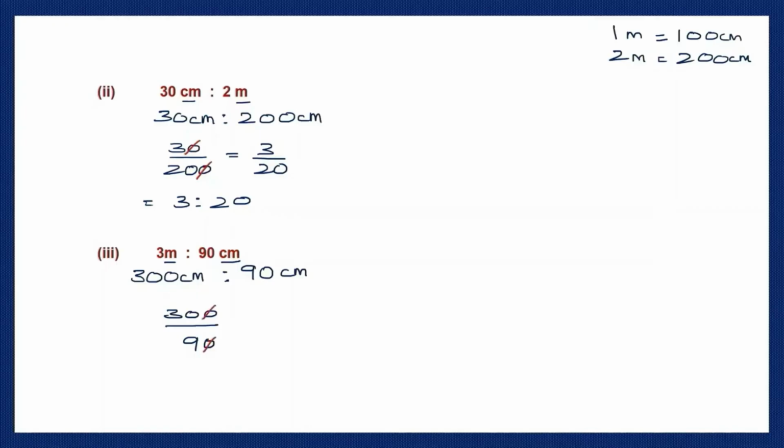Now I can divide both by 3. To reduce it to the lowest term, I can divide both by 3. Now 3 into what is 30? 3 tens are 30 and 3 threes are 9. So my fraction is 10 by 3. So my ratio will be 10:3.